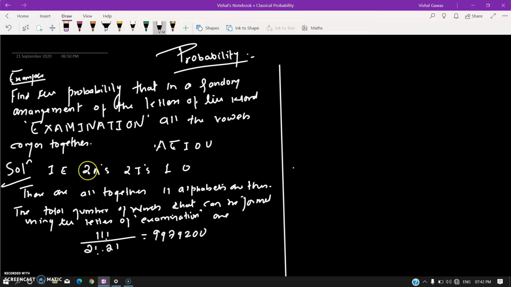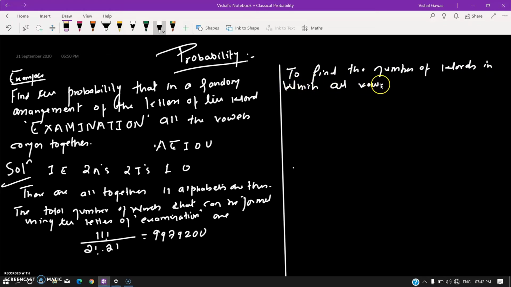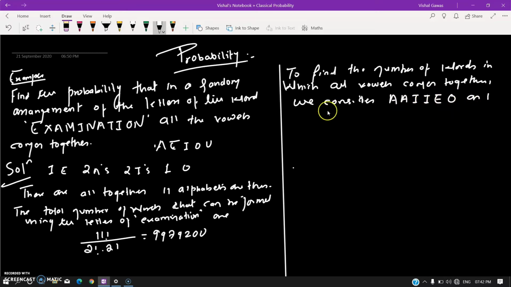Now, to find the number of words in which all vowels come together, we consider A, A, I, I, E, O as one letter.